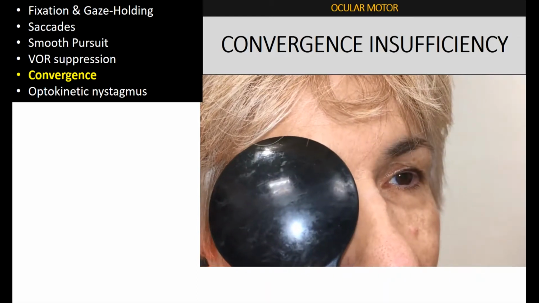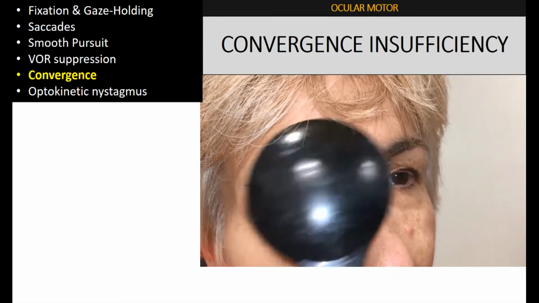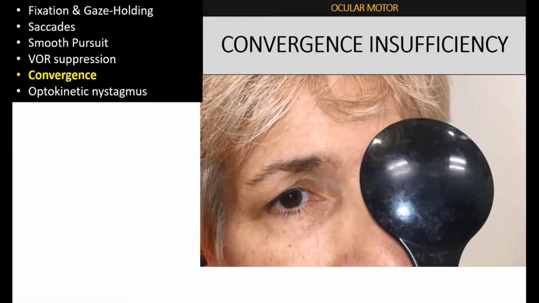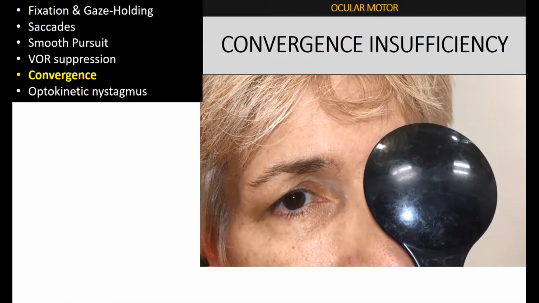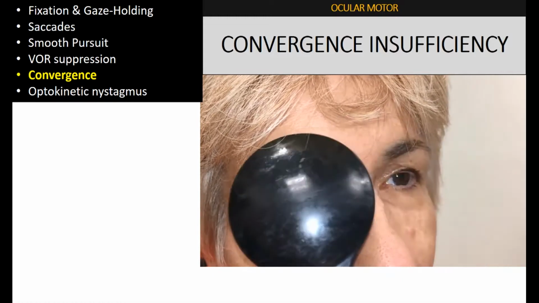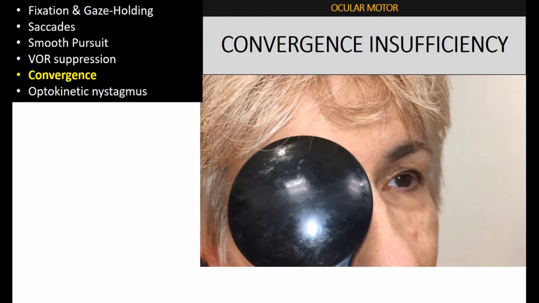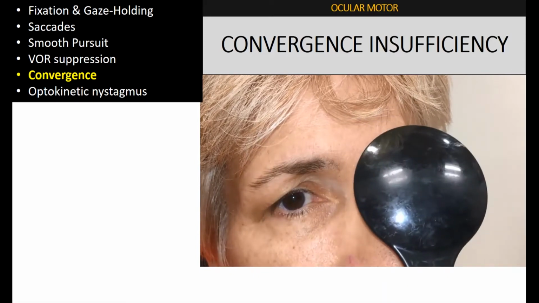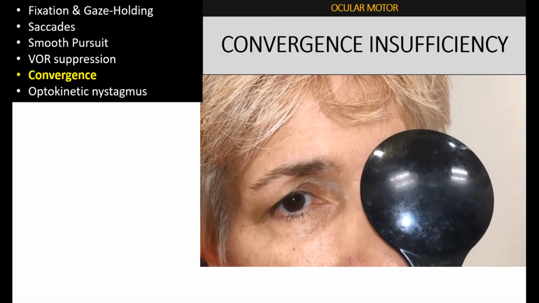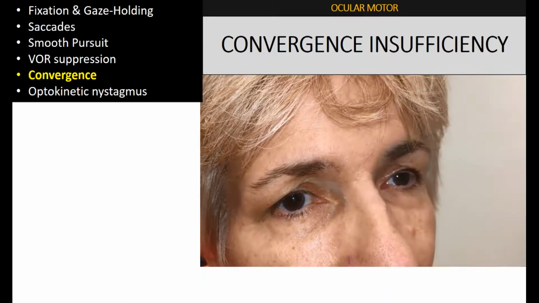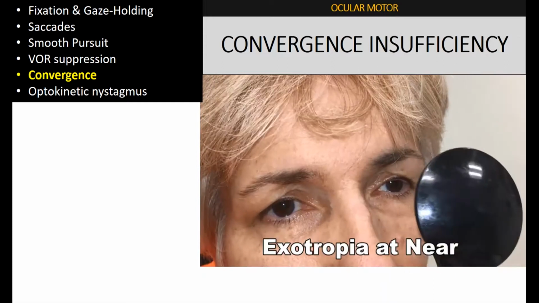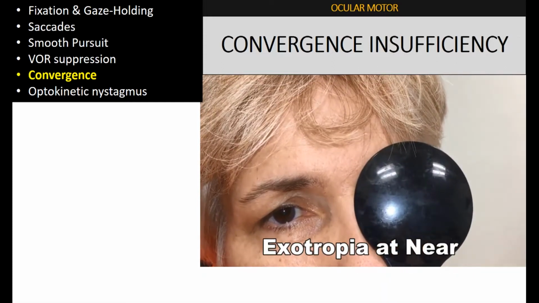And we are seeing the cover, uncover, convergence insufficiency. Got it. My apologies, everyone. No, we can't do anything about it. I think it's too many people using Zoom. Okay, now we are seeing cover, uncover for the convergence.